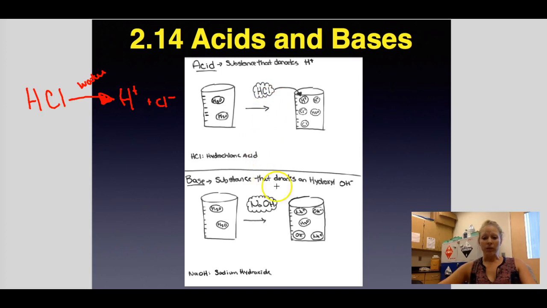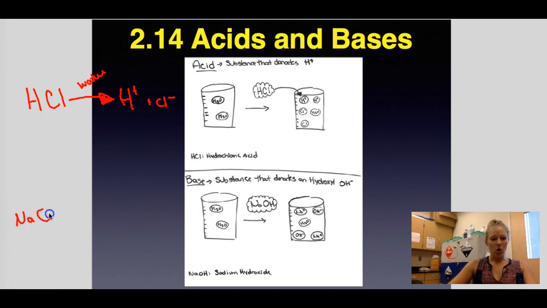Very similarly, we have a base. A base is, once again, a substance that when dissolved in water is going to break down, but this time it's going to donate an OH-, or a hydroxyl group. So let's write this out.